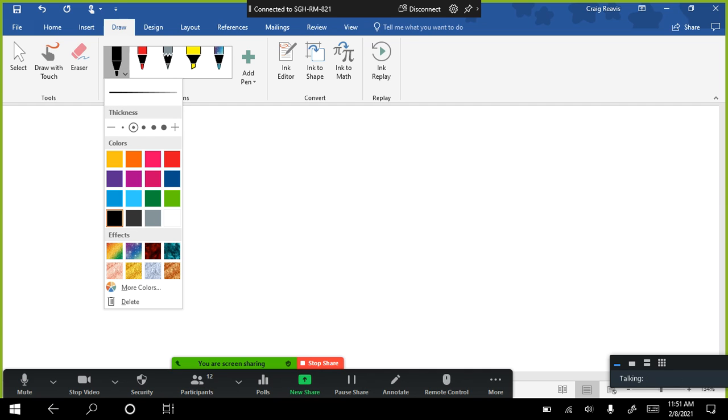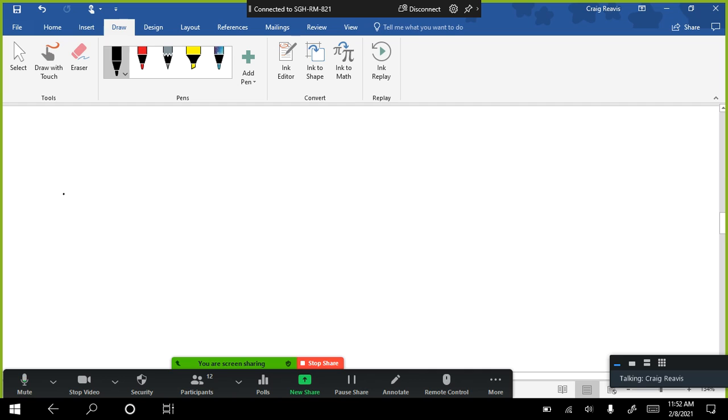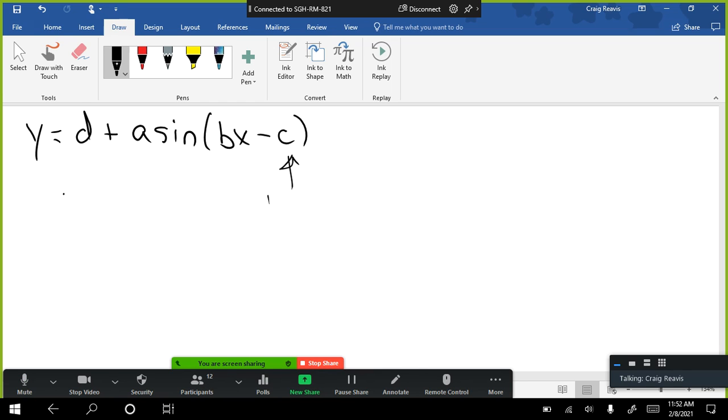Now, vertical translation shifts up or down. So if we go back to our standard equation, y equals a sine or cosine of b times x minus c, plus d, and let's just look at the sign. As we label that, the C right here is what moves it horizontally, right?